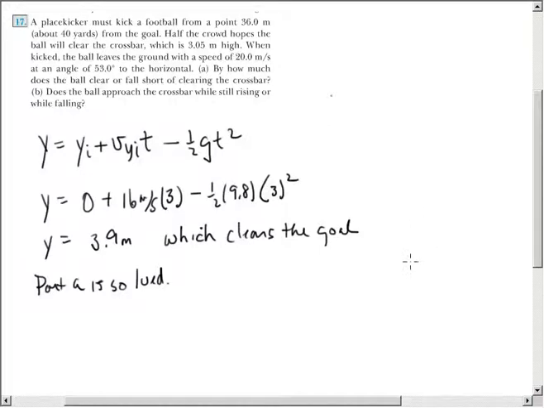How would I find the time required to reach the maximum height? Pause the video and figure out how you'd find that time. Is there a relation between the vertical components of velocity and the time to reach maximum? Once again, pause the video. If you have not figured it out already, think about it and see if you can figure it out.